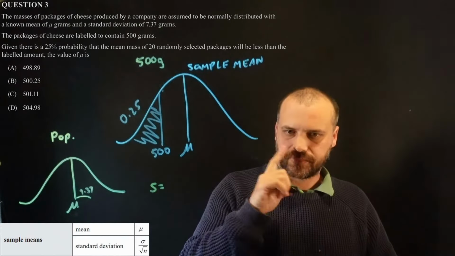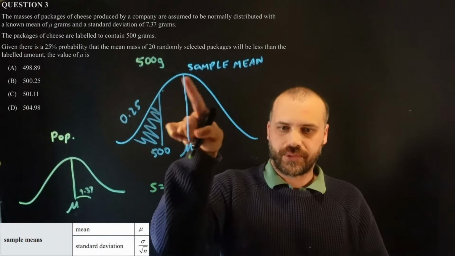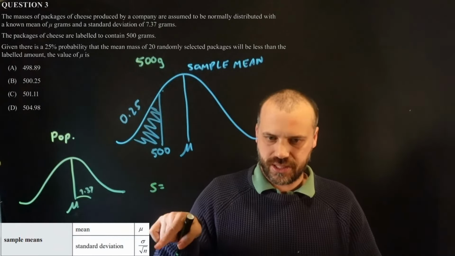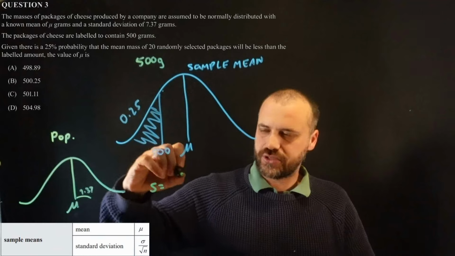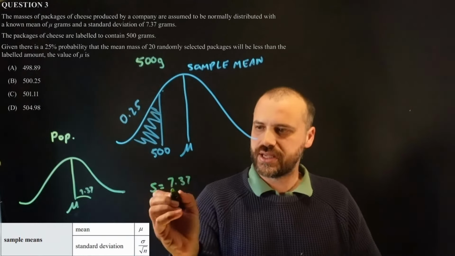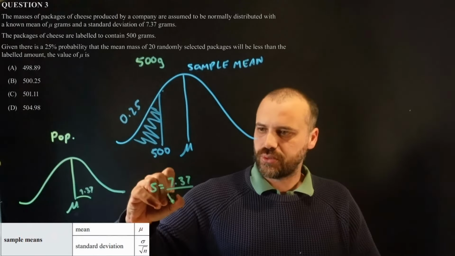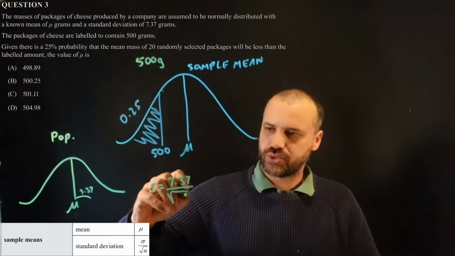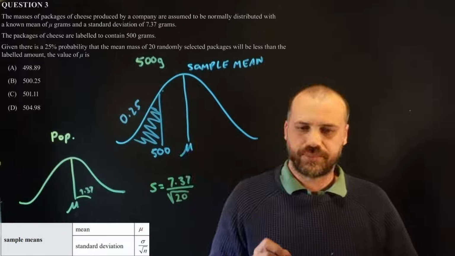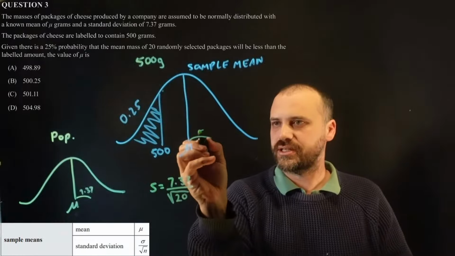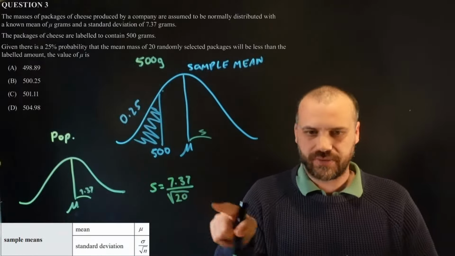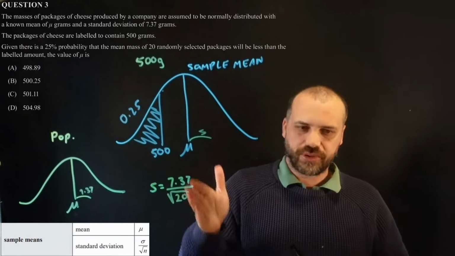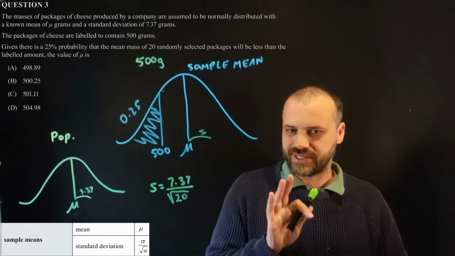The standard deviation of my sample mean is going to be equal to the standard deviation of the population, 7.37, over the square root of the sample size, which we're told is 20 randomly selected packages. So there is a standard deviation S, and it is whatever that value is. I'm not going to bother calculating that. I'll put that in my calculator in a second.